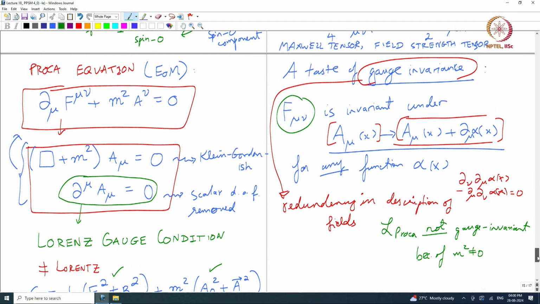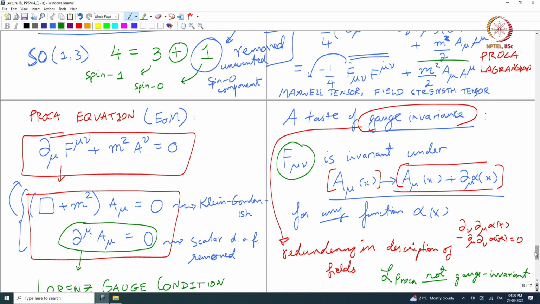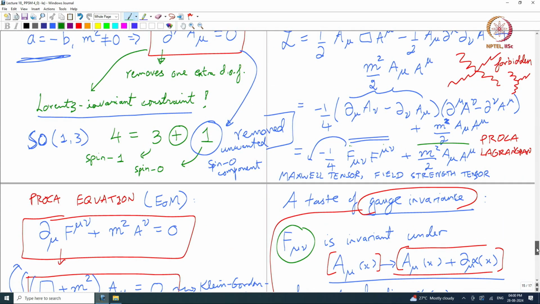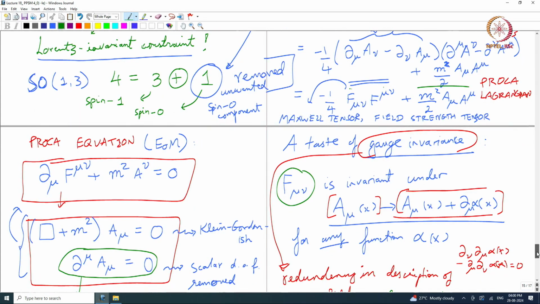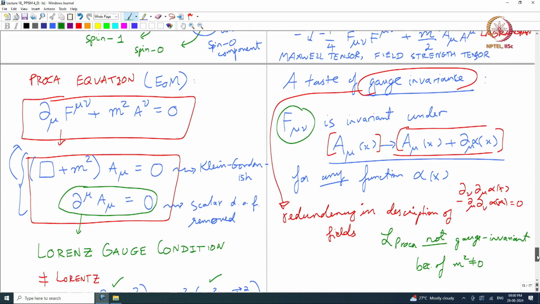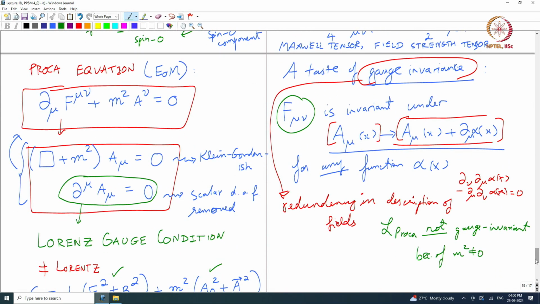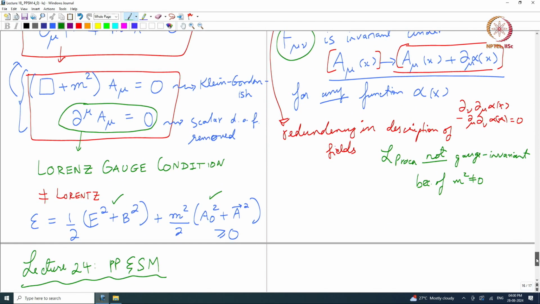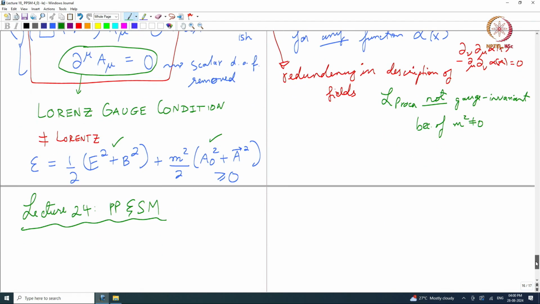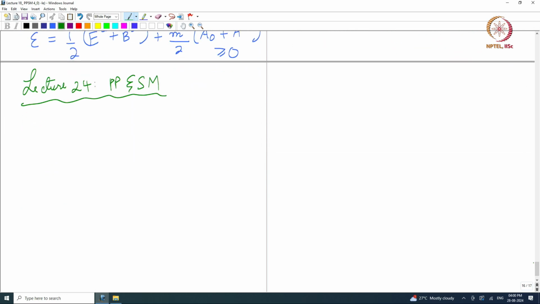And we saw a nice feature of doing this, which is that under a redundancy in the field description, if you were to take the A mu field to some other vector field, A mu plus a 4 derivative of any function of x, alpha of x, you find that the field strength tensor is left invariant, right. So, that gives us confidence in using gauge invariant theories, which we will do as we go on. Okay, good.